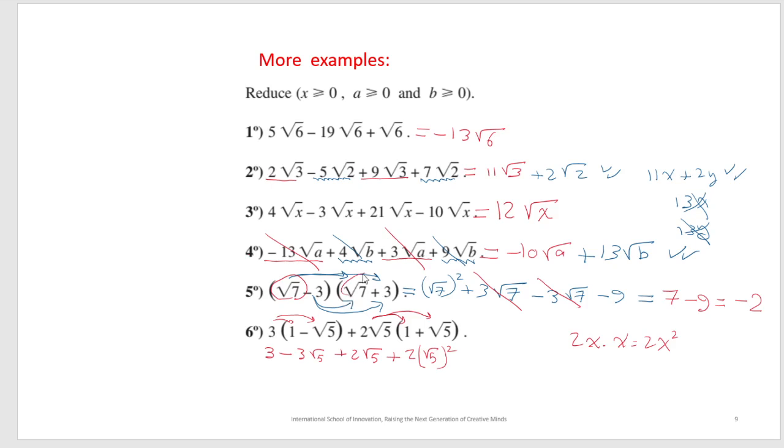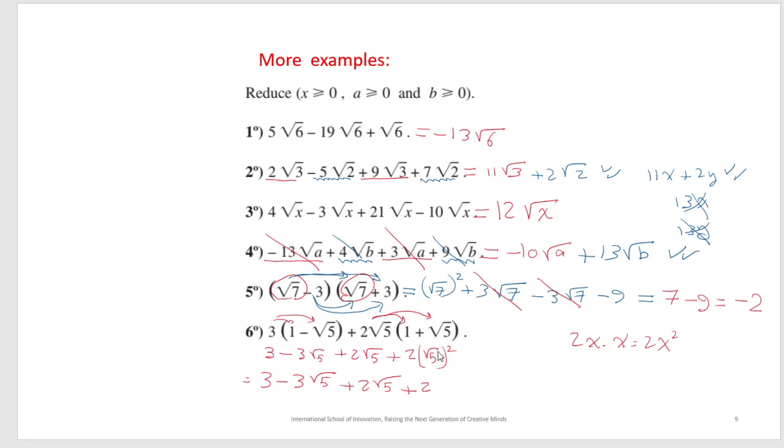Radical 7 times radical 7 became radical 7 squared, but here there is a 2, and it's radical 5 squared. Okay, so let's see what will happen. So 3 minus 3 radical 5 plus 2 radical 5 plus 2 radical 5 squared.